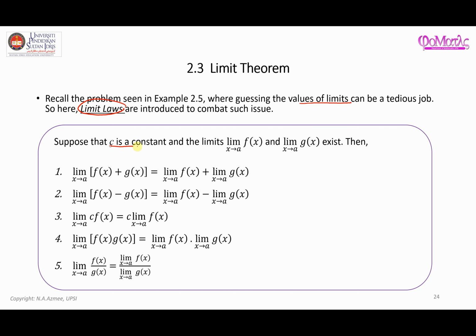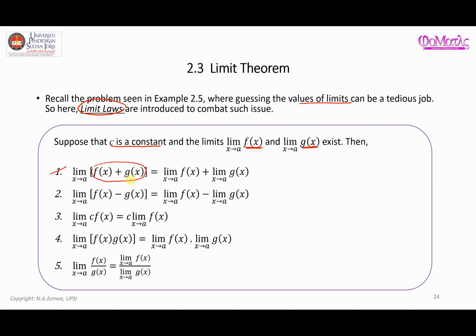Suppose that c is a constant and we have two functions defined as f(x) and g(x), and we assume that both functions have limiting values when x approaches a. For the first rule, let's say that you are interested to find the limiting value of the combined function where f(x) and g(x) are added together.